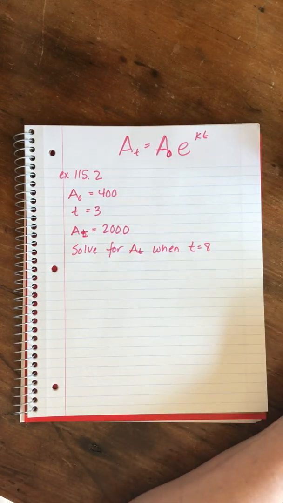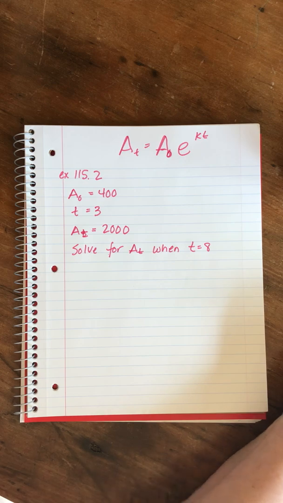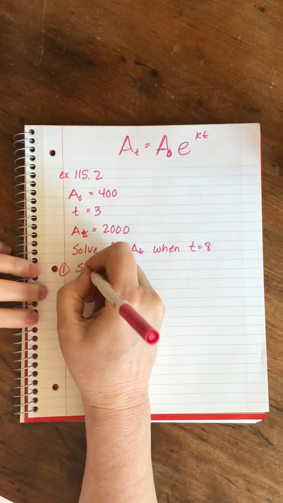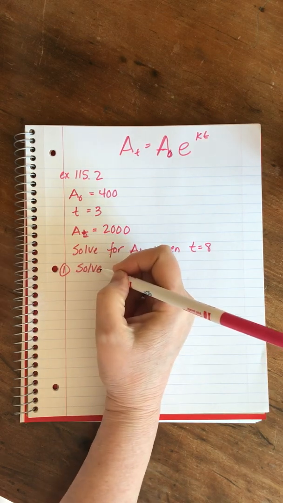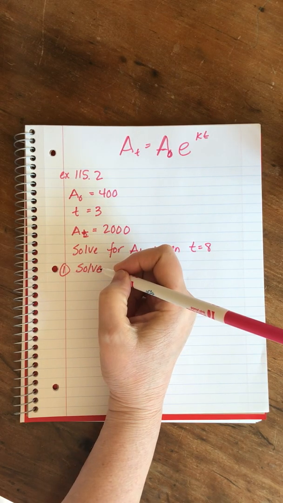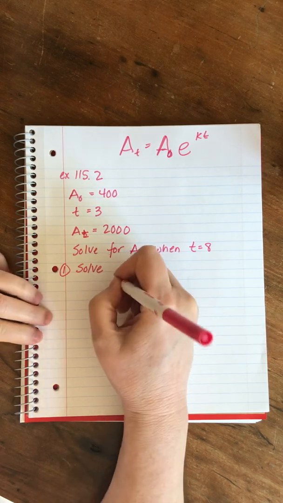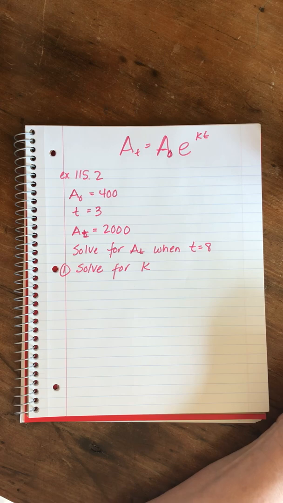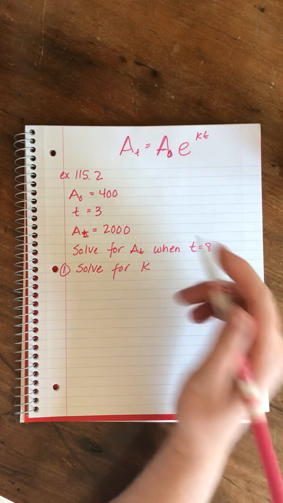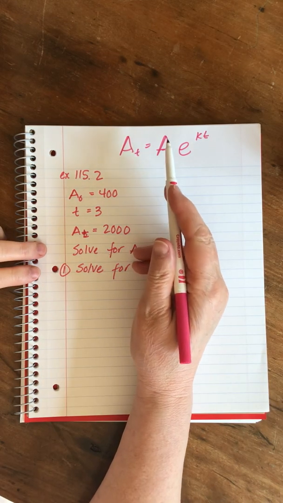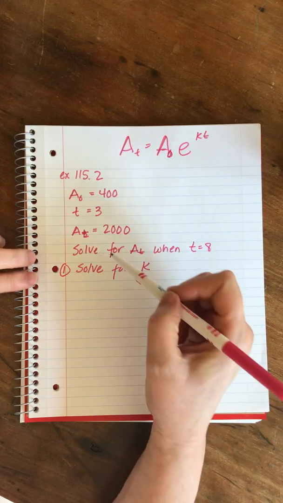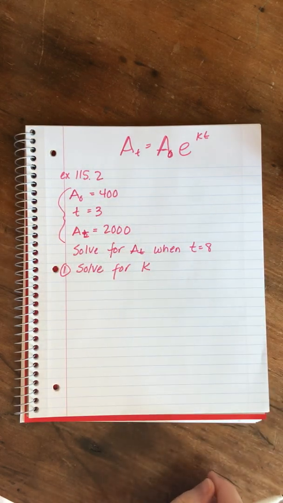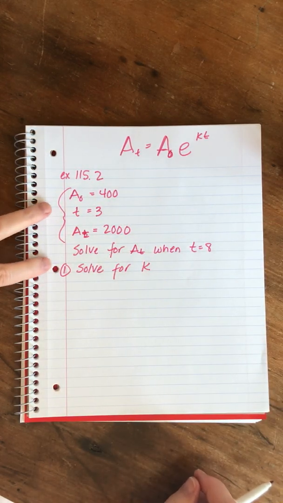Okay, so the first thing we need to do, these are two-steppers. The first step is to solve for k. So we take our formula and we take the data for the first scenario and we use that to solve.